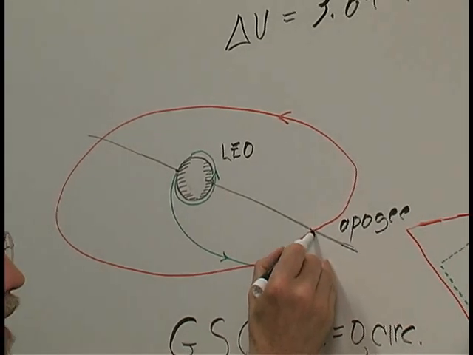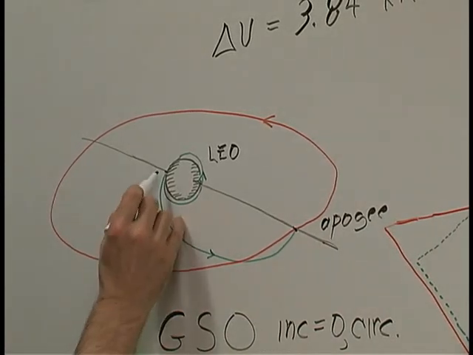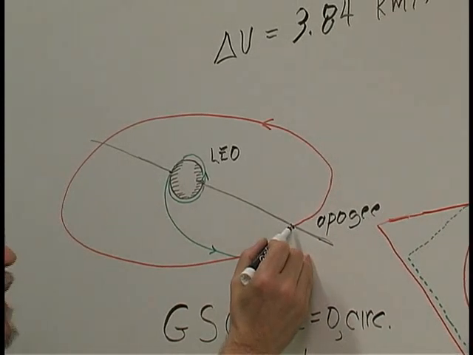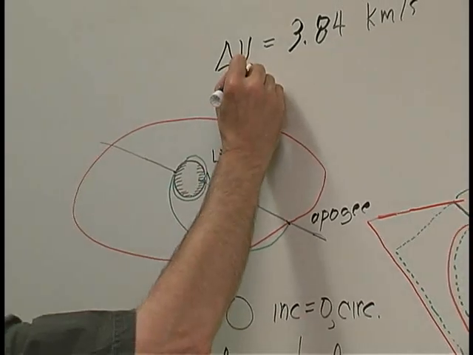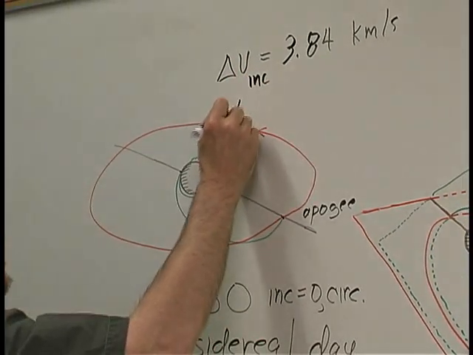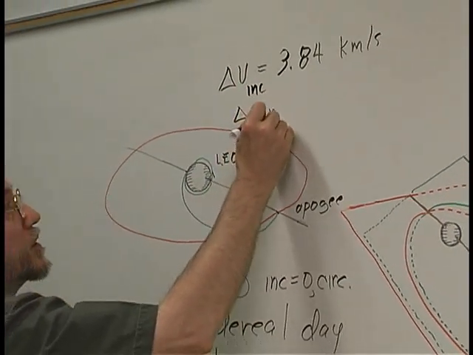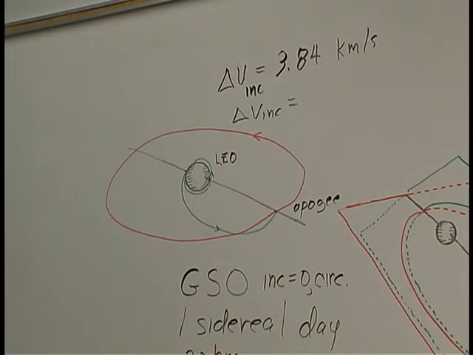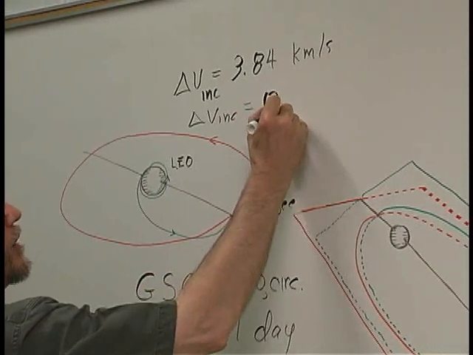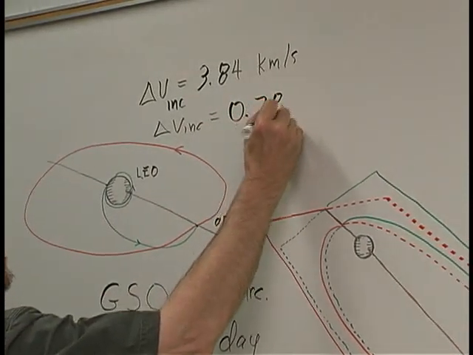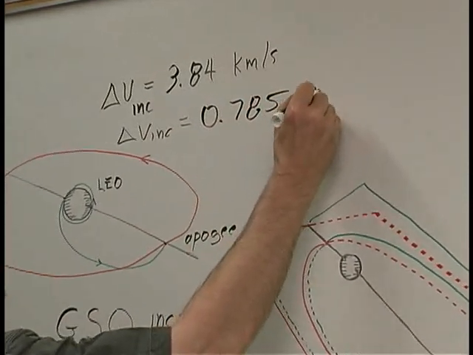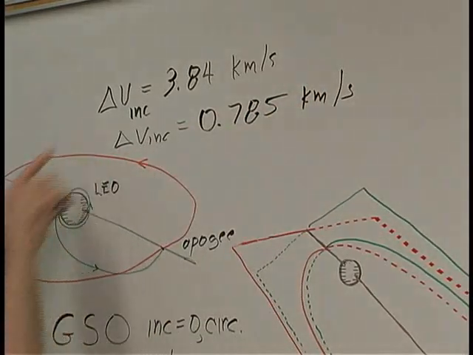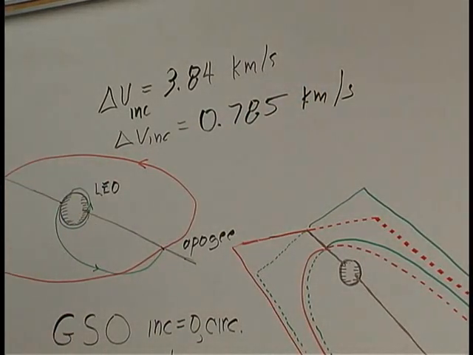And at this point, our velocity is much lower than it was down here, and it costs less to change the inclination. So at that point, the delta V inclination change is only 0.785 kilometers per second, considerably less than the inclination change from LEO.